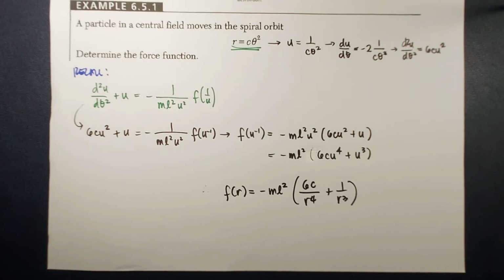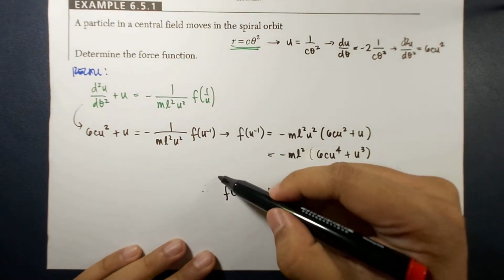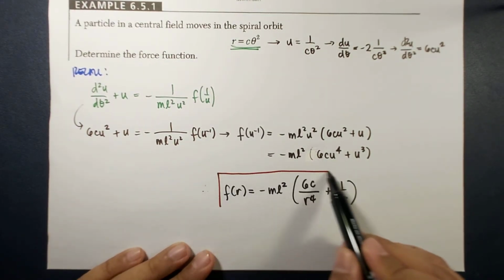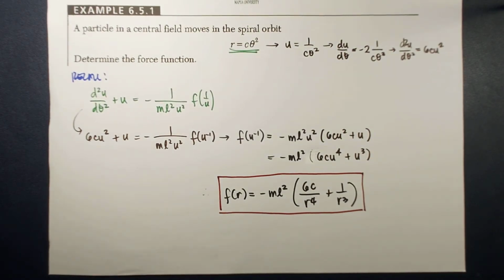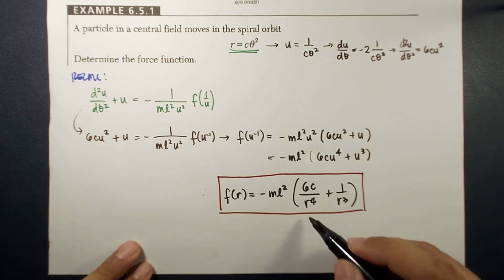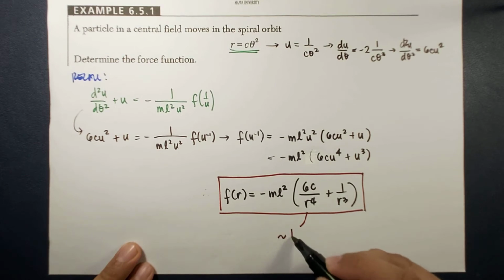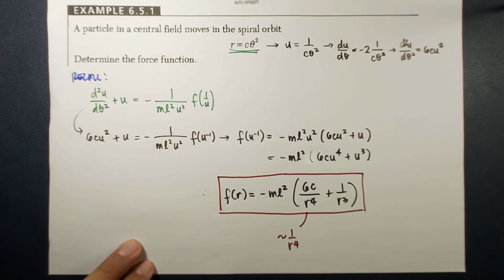And this is the force function of the particle. As you will notice, this force function has two parts. The first part varies with 1 over r to the fourth. So that's an inverse fourth power law.